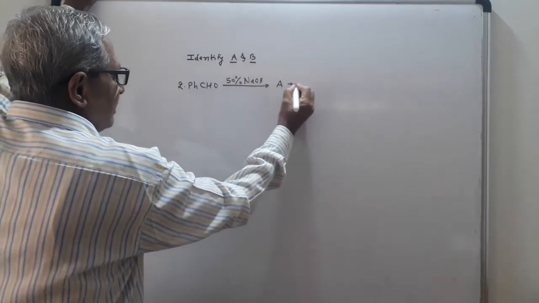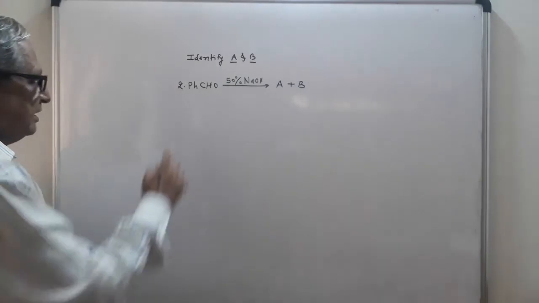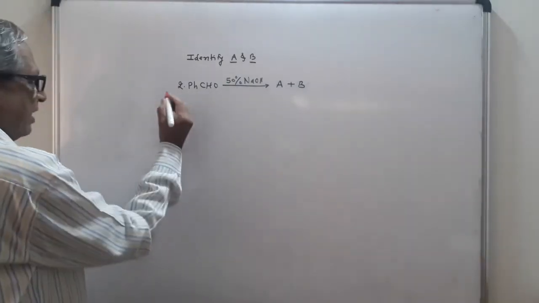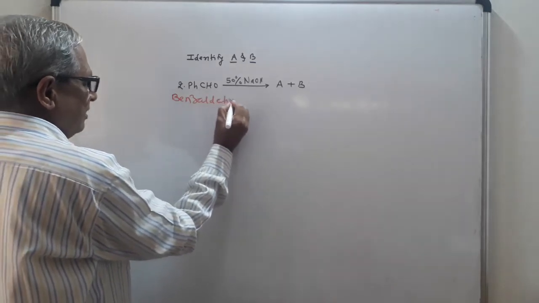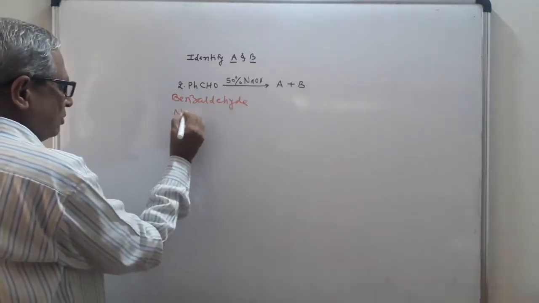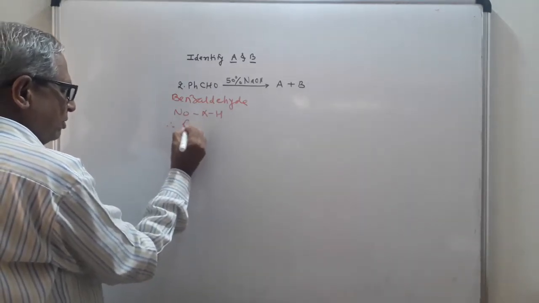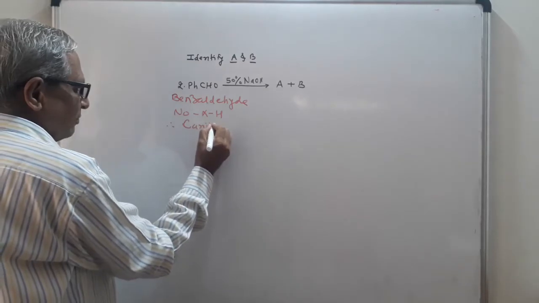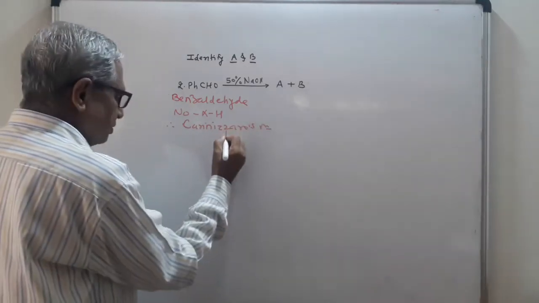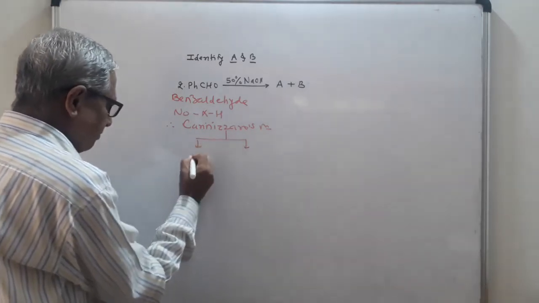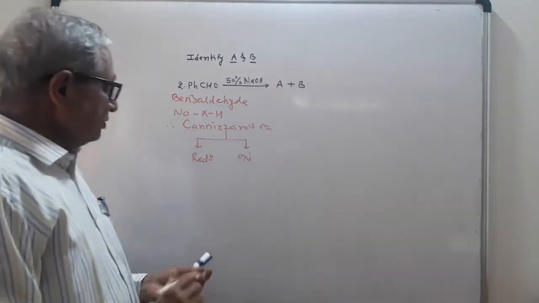You have to identify A and B. Now see here, this is benzaldehyde having no alpha hydrogen. In this case, no alpha hydrogen. Therefore, it will undergo Cannizzaro reaction.